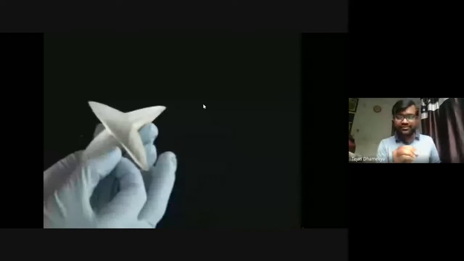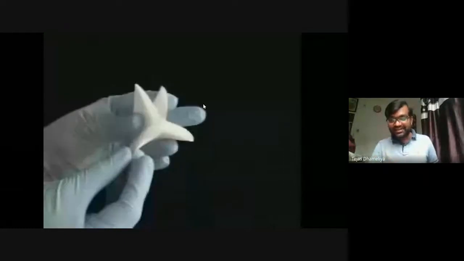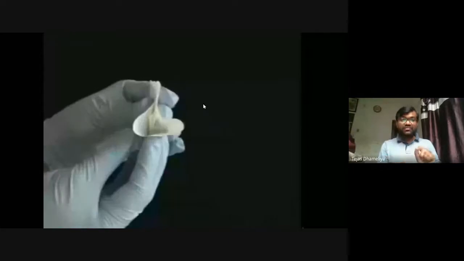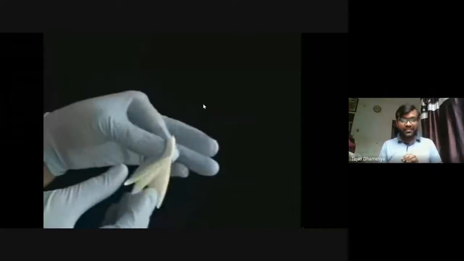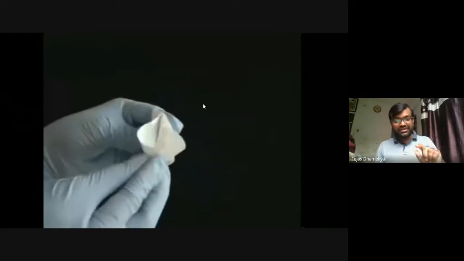1 fold on one side, 3 folds on the other side, and then they are folding from in between. I repeat, 1 fold on one side, then folding the other from inside.